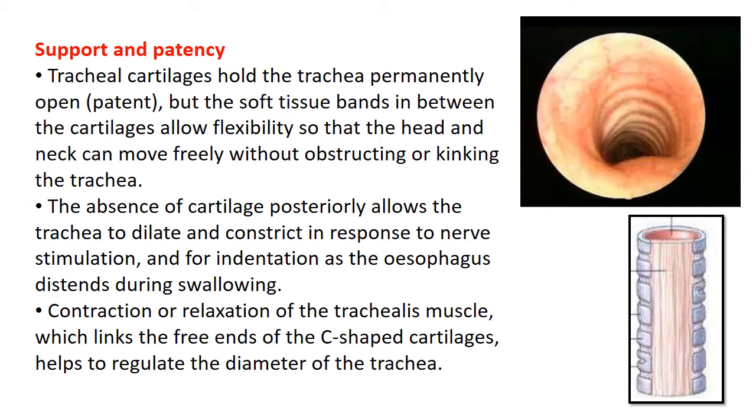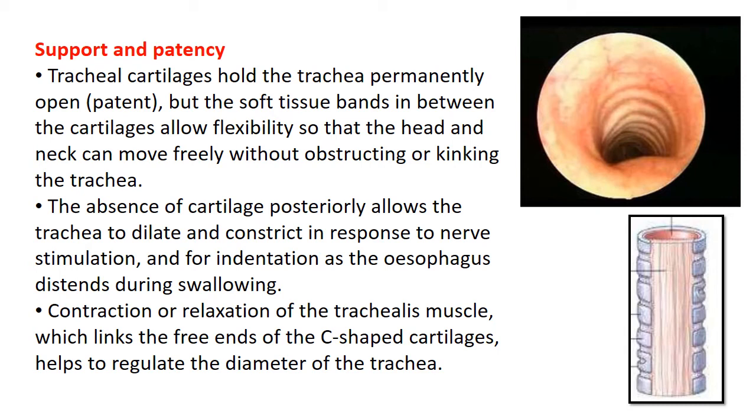The absence of cartilage posteriorly allows the trachea to dilate and constrict in response to nerve stimulation. So it is very helpful because there is no cartilage posteriorly, so the trachea can dilate as well as constrict.